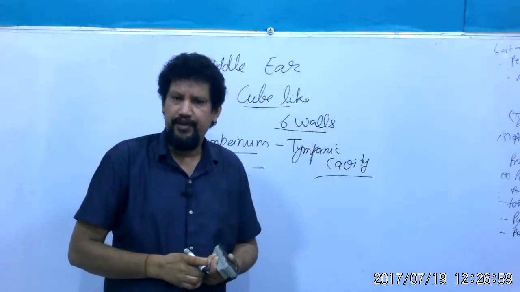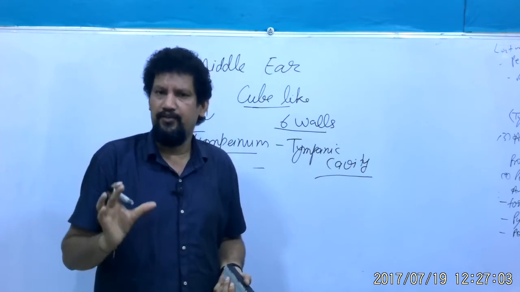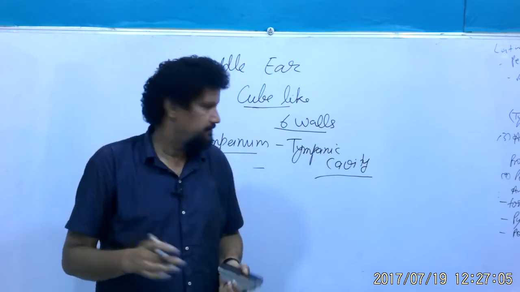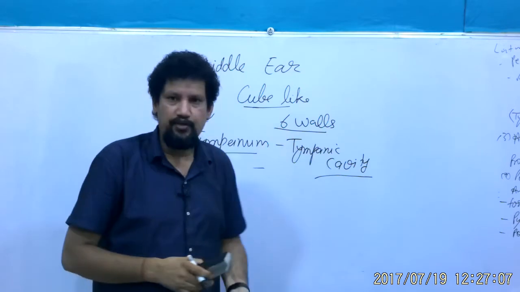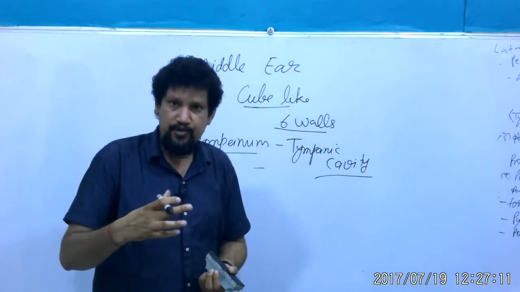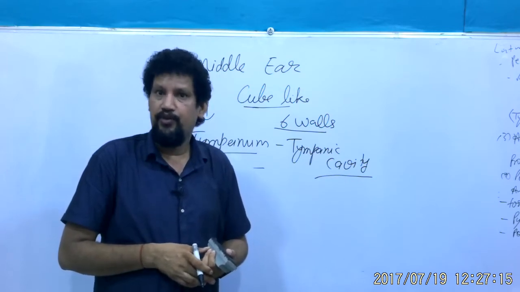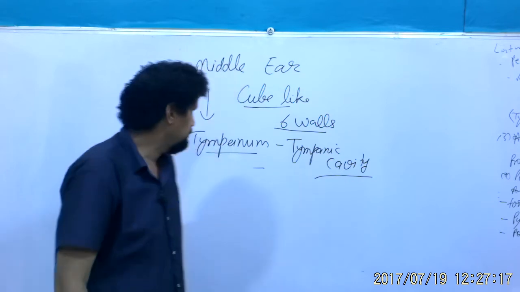This is air filled cavity, it is not having any fluid or liquid. So this is simply air filled cavity having 6 walls and cubical structure having anterior posterior and vertical diameter almost same, 15 millimeters.